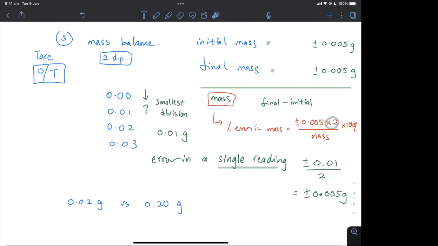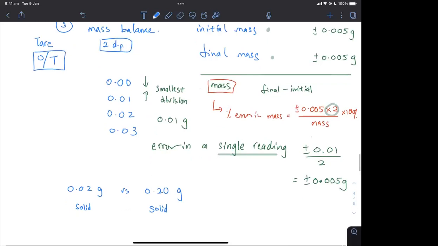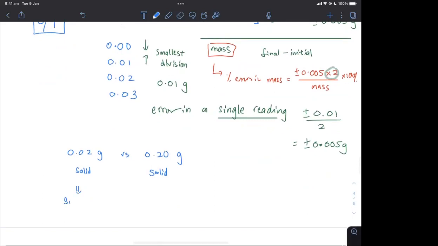What do you think, Rahima? 0.02. So this one, because it is a smaller mass, would mean, of course, you can show this formula, okay? So higher percentage error in mass, so less accurate.